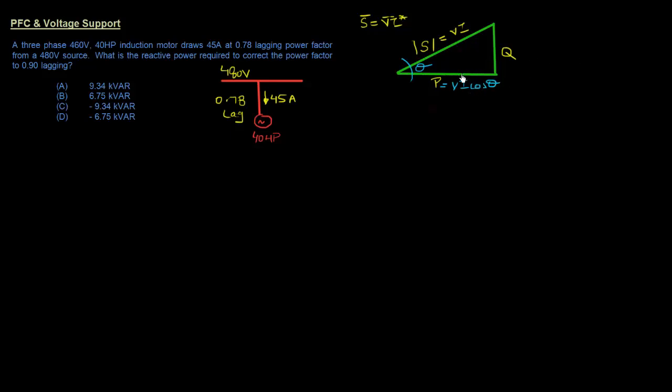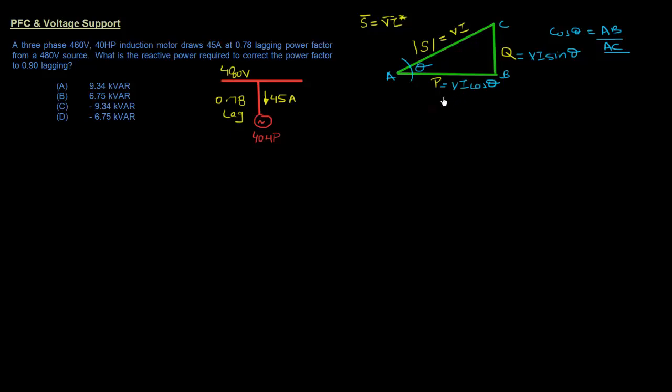Because from trigonometry we know that if we say this is triangle ABC, cos theta is AB over AC. This side AC is nothing but the apparent power S, which is given by VI. So you have VI cos theta, and similarly you have Q equal to VI sine theta.